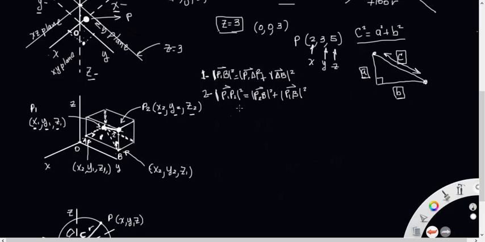So what's the reason why I'm showing these two triangles? This is because we are going to demonstrate the formula for the distance from these two triangles here.